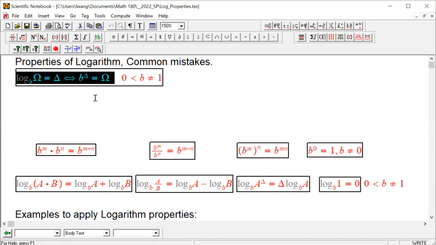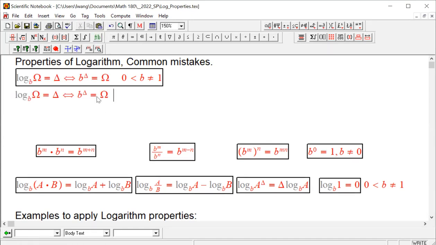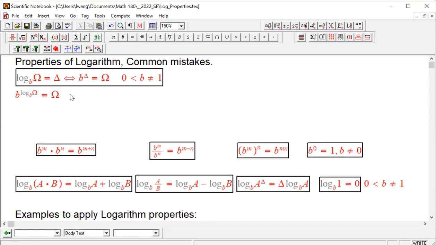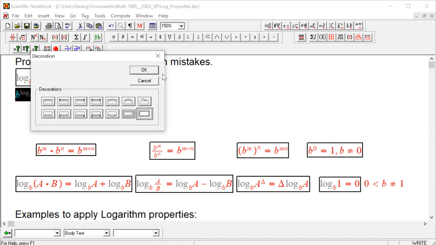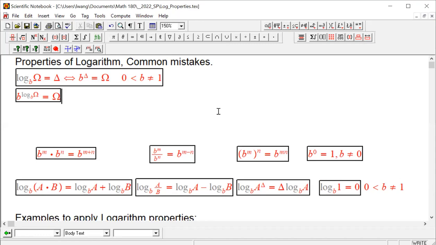From this definition, what we can do is that since we know the triangle is the same as this piece, we can replace the triangle by its equal. And that's the result of another very useful identity, okay? This identity is so useful, you're going to see the use in calculus.